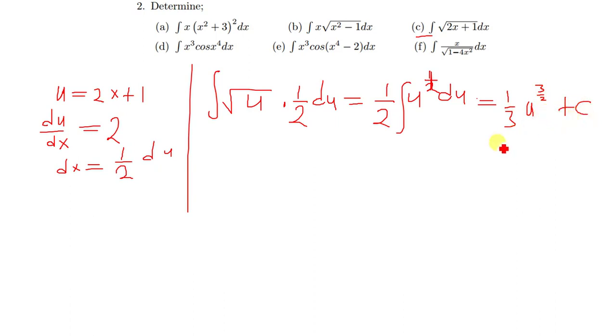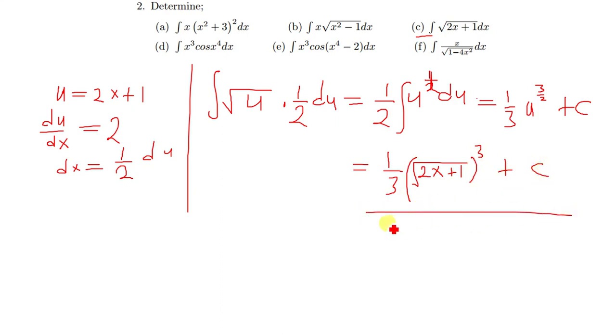So I've just gotten to the second last step from the final solution. So the final solution will now give you 1 over 3, while there is u, you put 2x plus 1. So this is just the same as this. You can check how I did it from the previous question. This is what is going to be our solution.